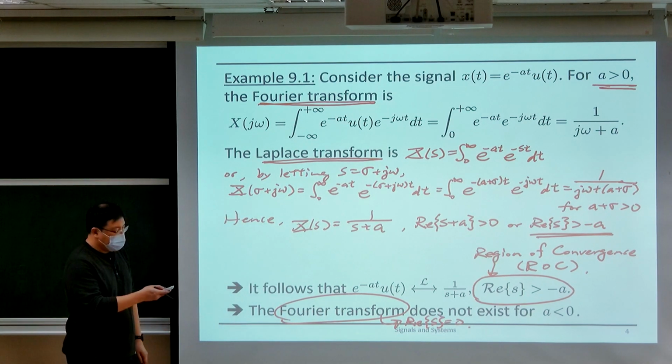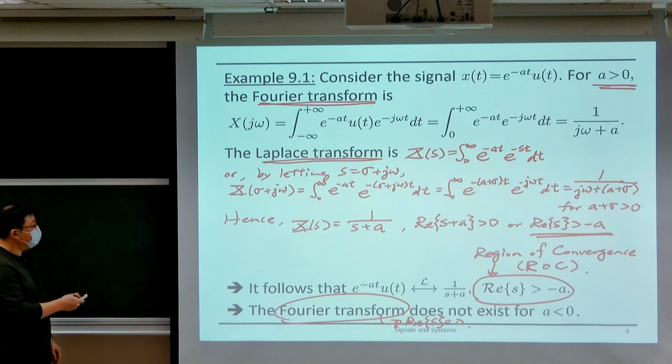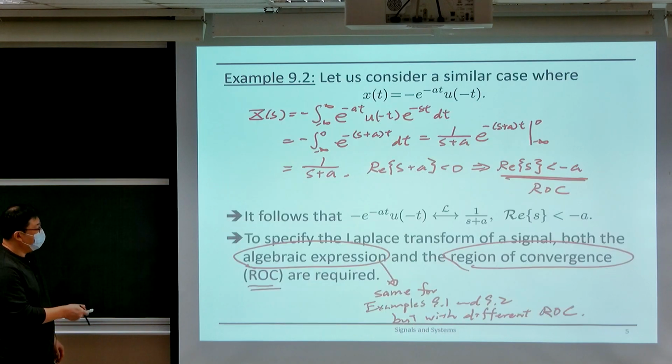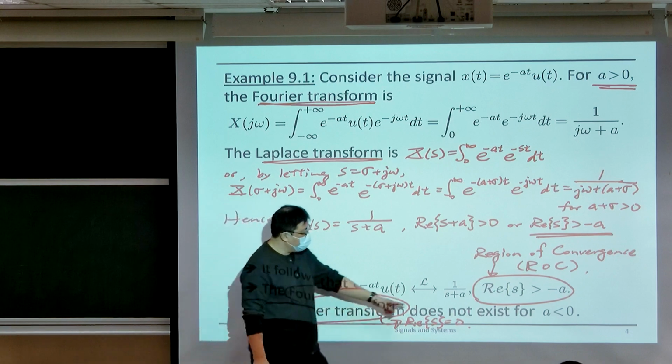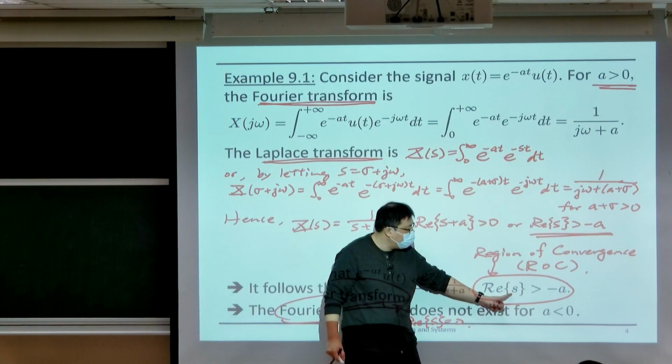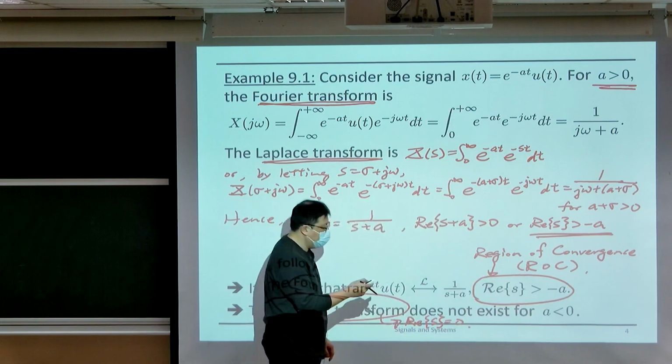This is often best visualized by plotting it out on the complex plane. For this, you're looking at all values of s for which the real part is greater than minus a.